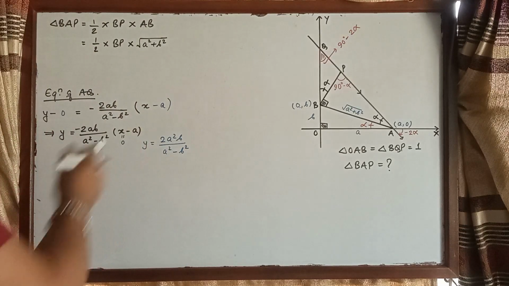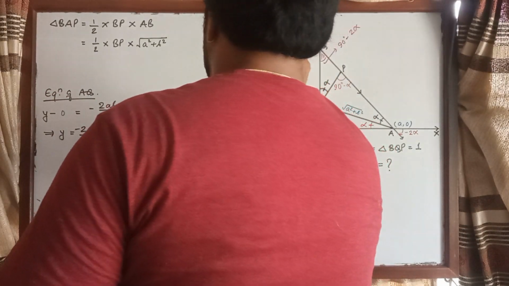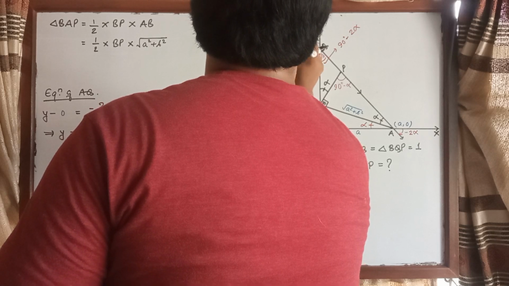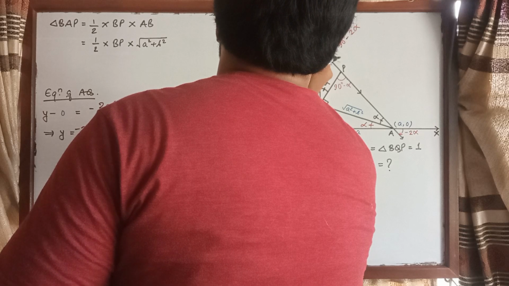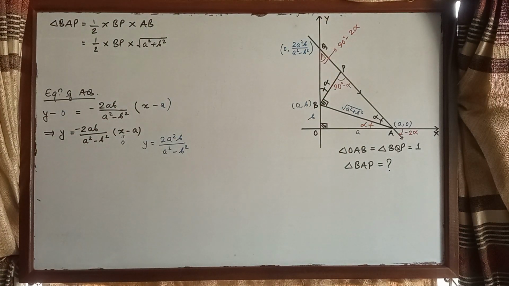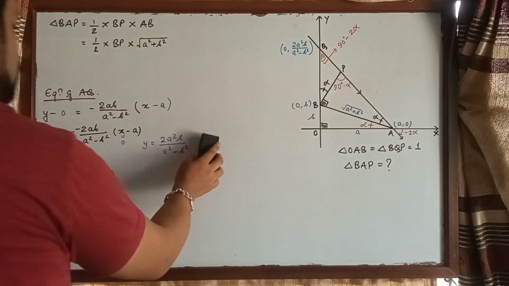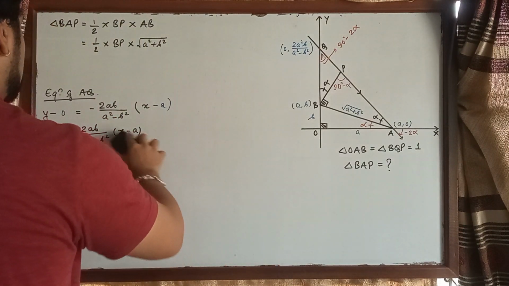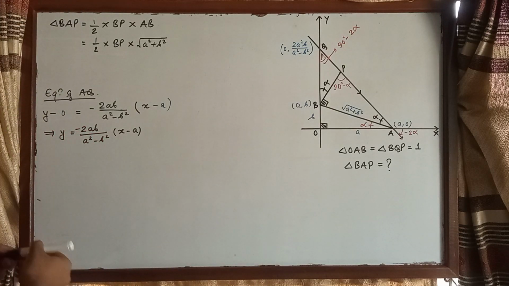We're going to need this later on. So the coordinates of Q are 0, twice a squared b over a squared minus b squared.